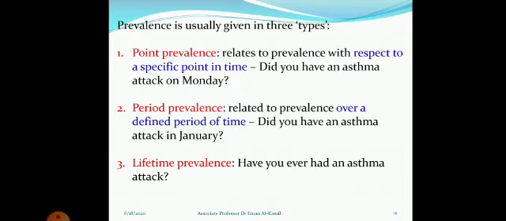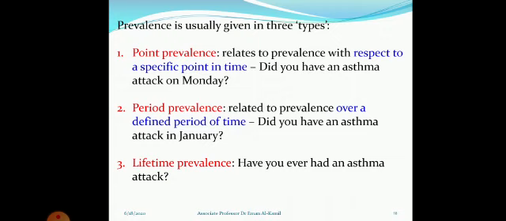The prevalence is usually given in three types: point prevalence rate, period prevalence rate, and lifetime prevalence rate. The point prevalence rate is the prevalence with respect to a specific point in time. For example, did you have an asthma attack on Monday? These are the existing cases, taken at a point of time, and this is especially used in cross-sectional studies.